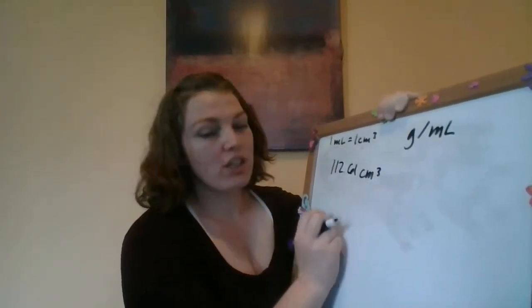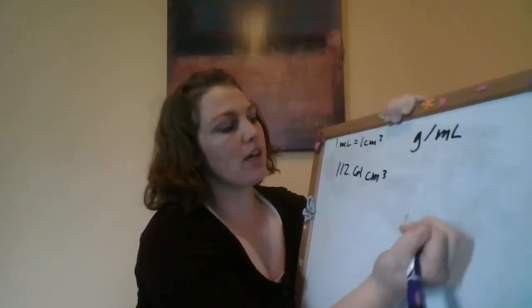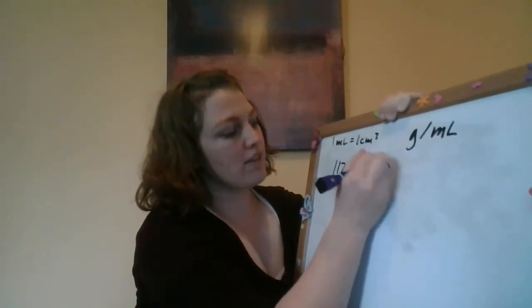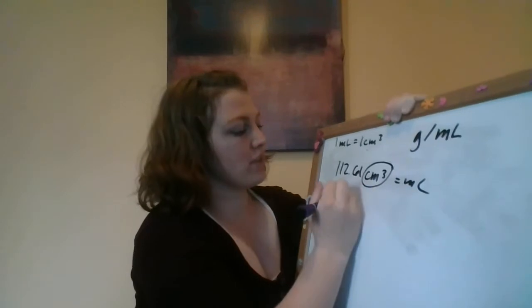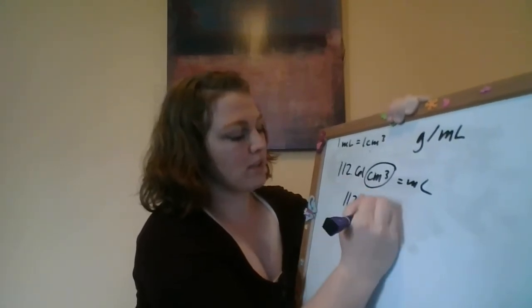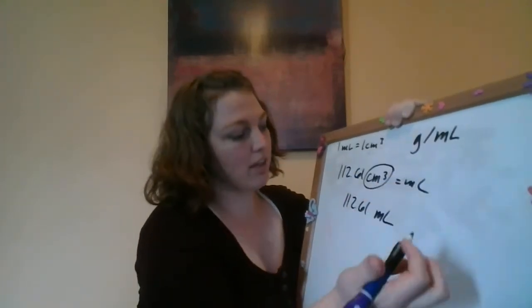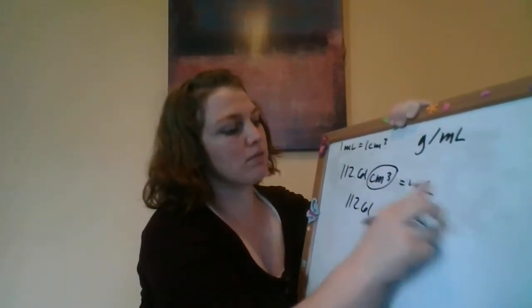So we can actually just convert this into milliliters. I'm going to show you the math. You don't have to do the math. You can just say, okay, this equals milliliters, so it's 112.61 milliliters. That's volume.